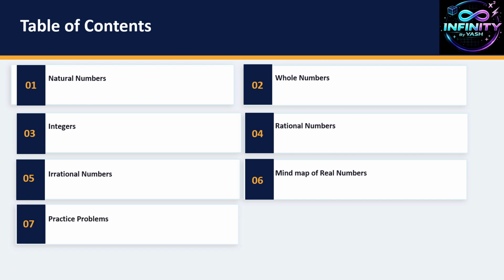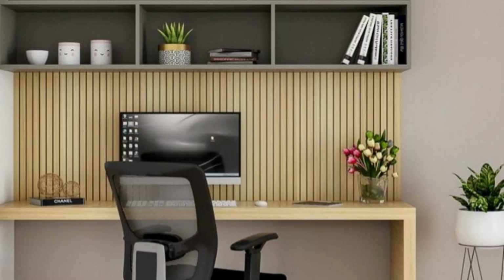By the end of this video, you will understand how numbers evolved from counting objects to describing endless decimals and irrational values. Look around your room and identify different numbers. For example, you can find 5 books, and the room temperature may be 32 degrees Celsius.